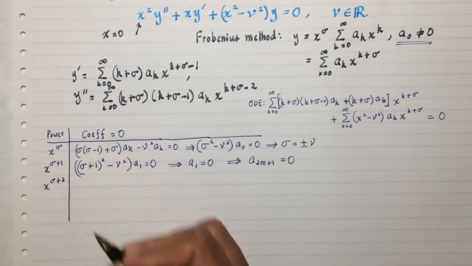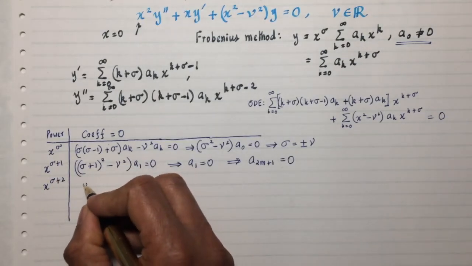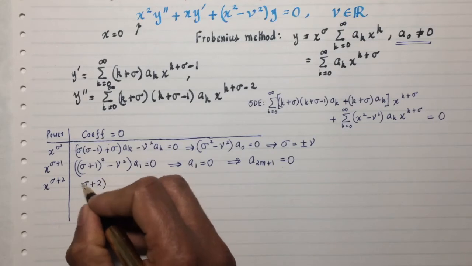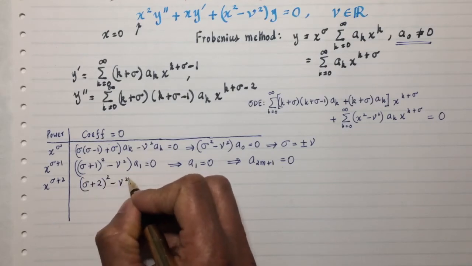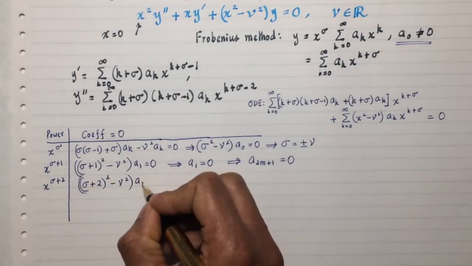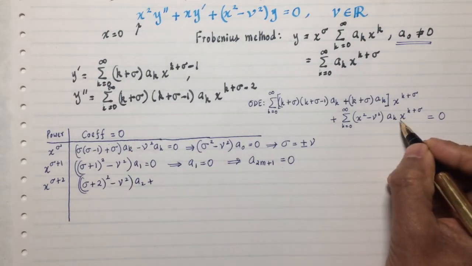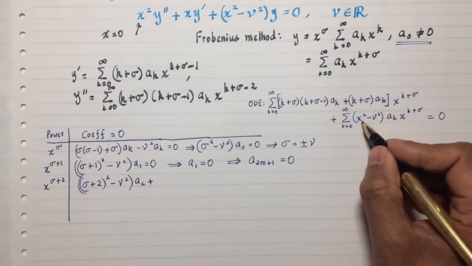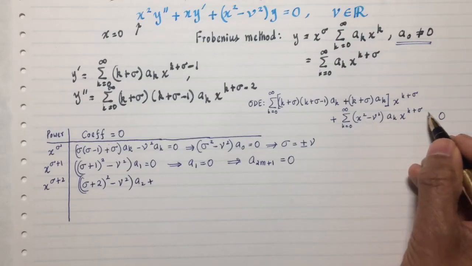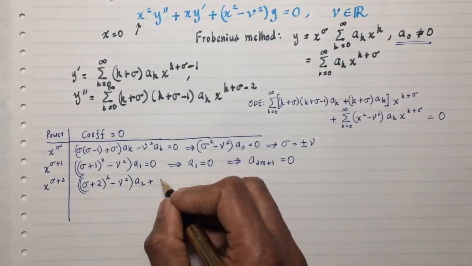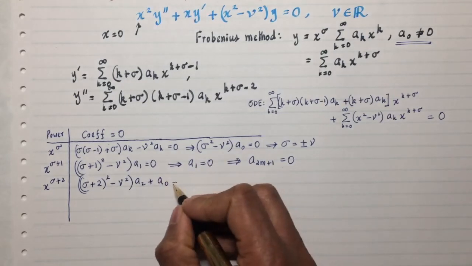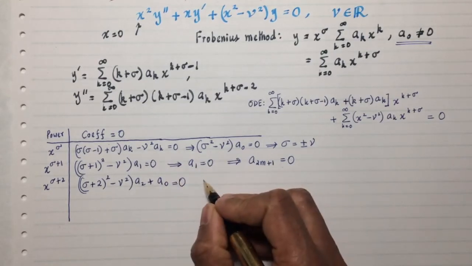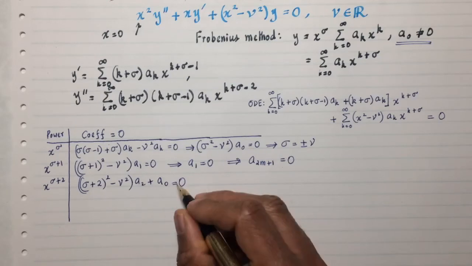What about the next coefficient, sigma plus 2? You're going to get the same pattern here, but with a2. But now what's going to happen is the first term from an x squared is going to kick in, because the first term you get is k plus sigma plus 2. So I also get an a naught from that. So this tells me that a2 is related to a naught.